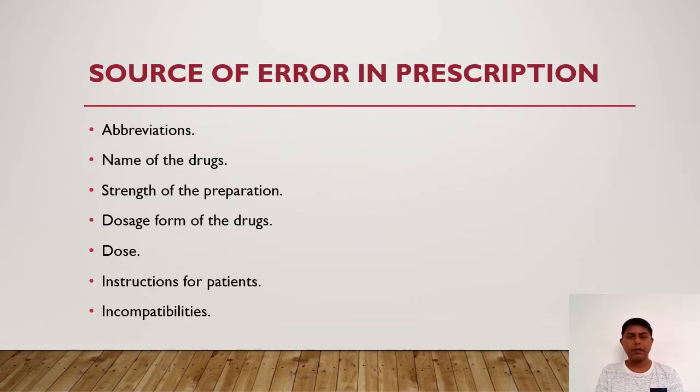There are various sources of errors in prescriptions, like error because of abbreviation, name of drugs, strength of preparation, dosage form of the drug, doses, instructions for patients, and incompatibilities. Errors in prescription may occur.